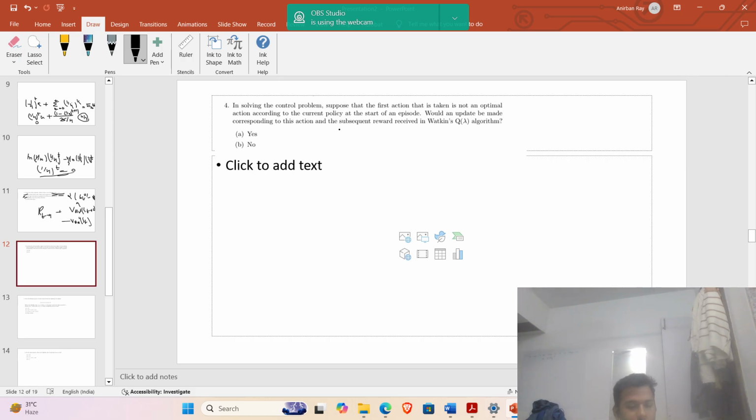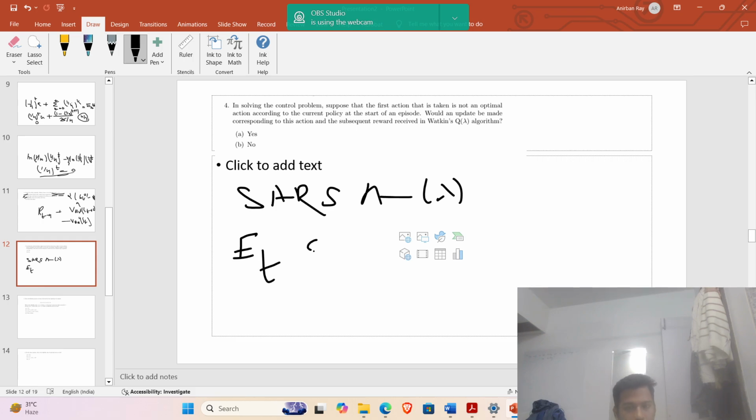To understand it, first we understand the Sarsa lambda algorithm here. It is similar to the previous Sarsa algorithm, just some modifications are there.